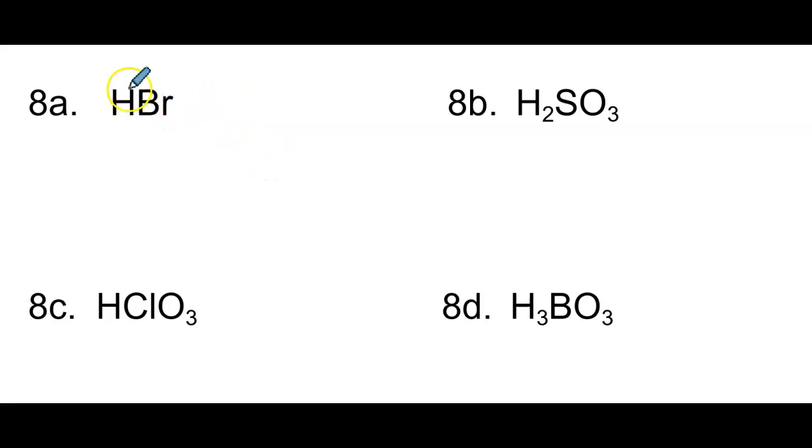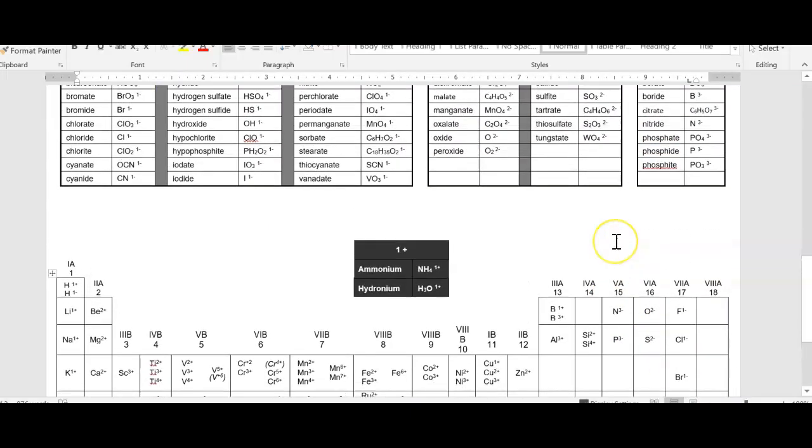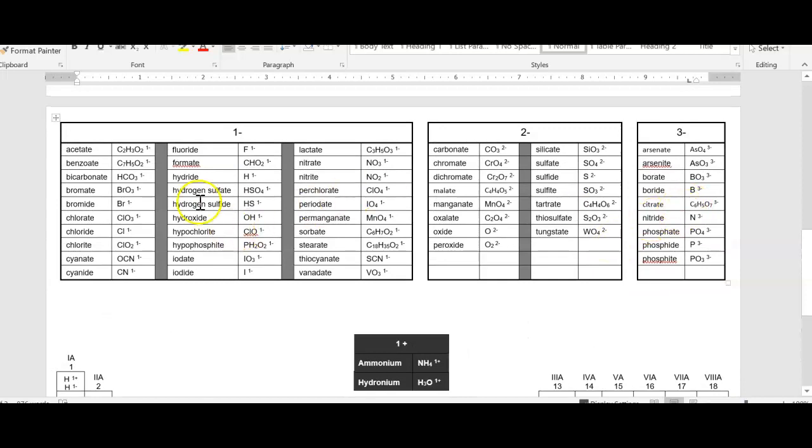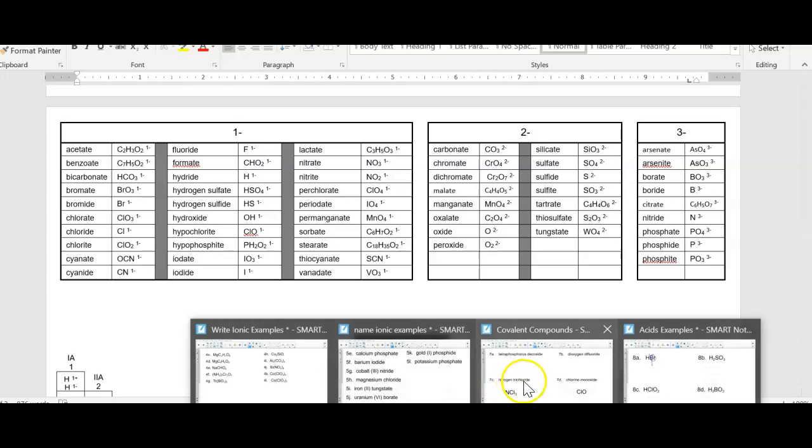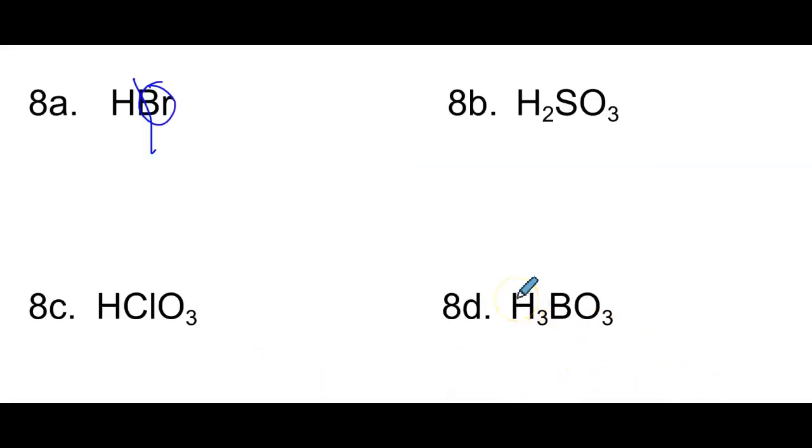Here's how you do this. You're going to split the compound. You're going to look to see what this is called. So I'm going to look on my ion sheet, and I'm going to look for Br with no other atoms. Br with no other atoms is called bromide, so it's an ide ending. Just to help you remember, and you don't have to show all this, this is just for me to help you.